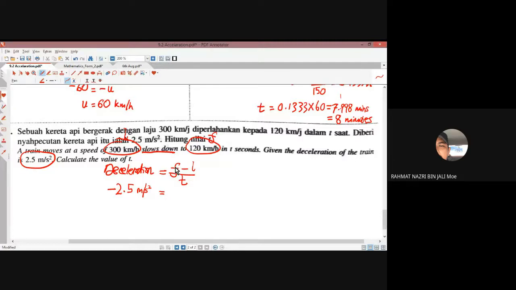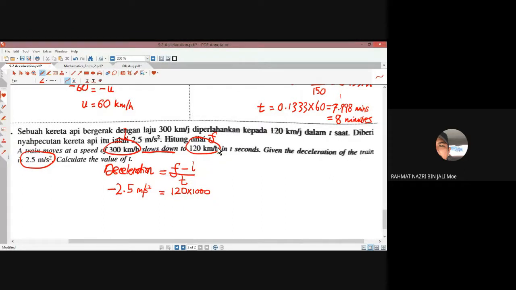The final speed 120 kilometer, so we have to convert it to meter, so multiply by 1000.